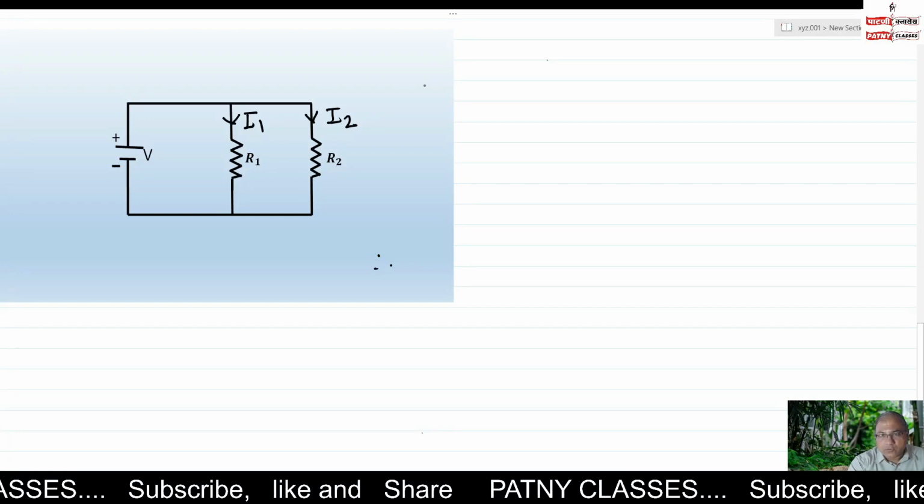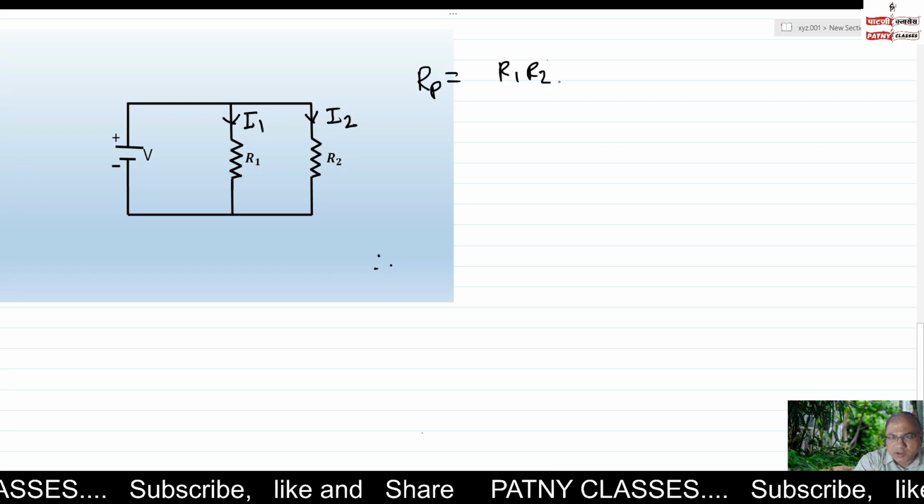Now I have drawn the diagram once again. The earlier diagram became messy, so I drew the diagram once again here. Now I already have Rp equals R1 R2 upon R1 plus R2, and my aim is to find out current I1 equals how much.